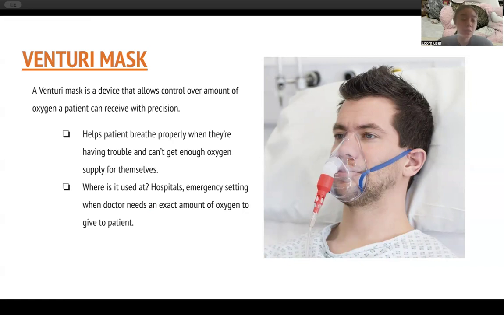Some diseases need a specific amount of oxygen, and that's why the Venturi mask is designed. They are usually used only in hospital settings, especially in emergencies when a doctor needs to prescribe a certain amount of oxygen to the patient.